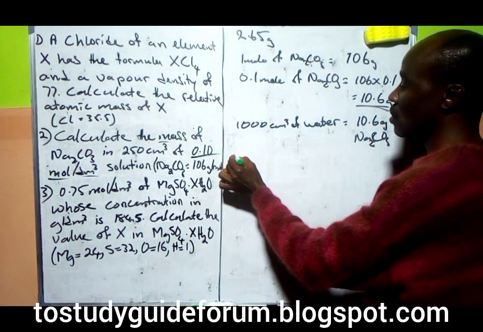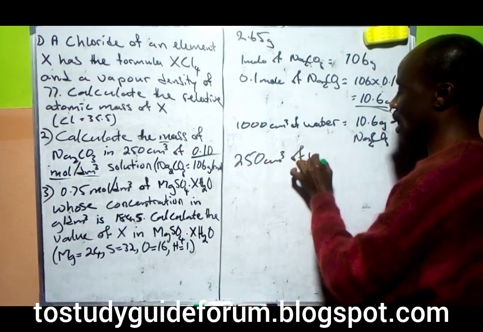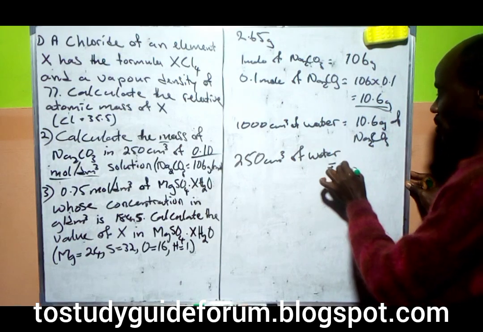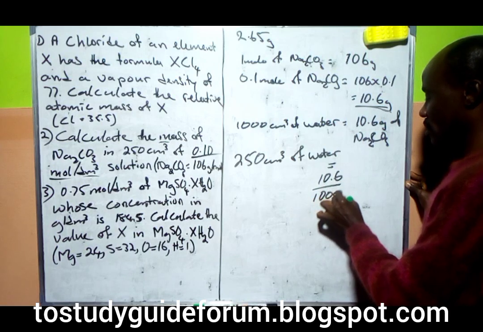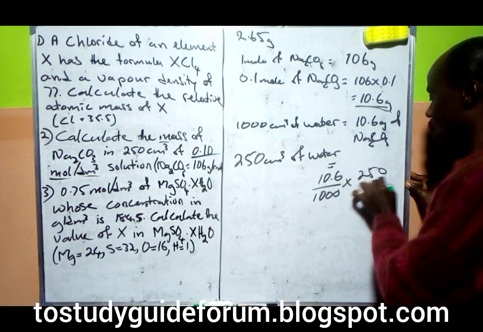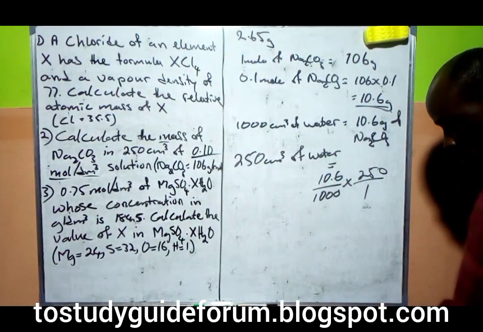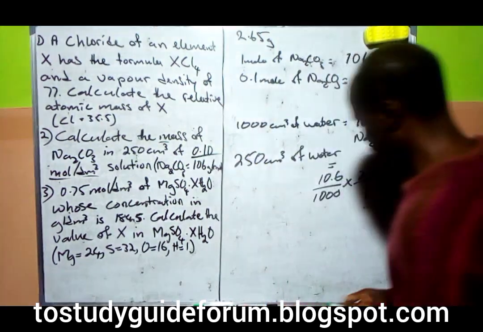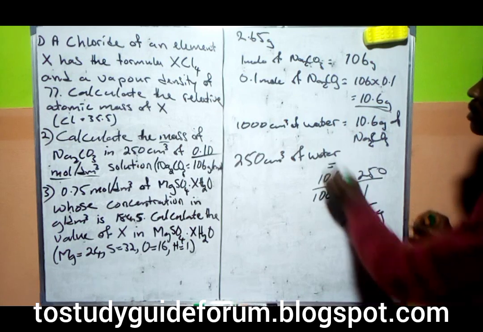So that means 250 cm cube of water will contain 10.6 over 1000 times 250 over 1. So when we do the same thing, 10.6 times 250 divided by 1000, we again get 2.65 grams. This is exactly the same thing.